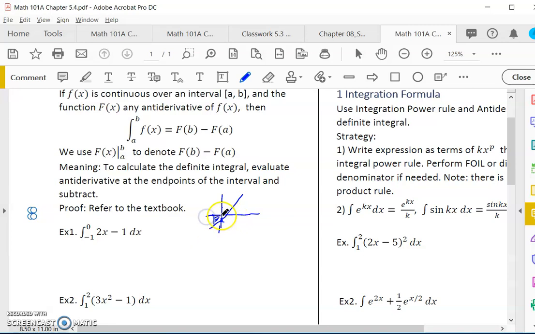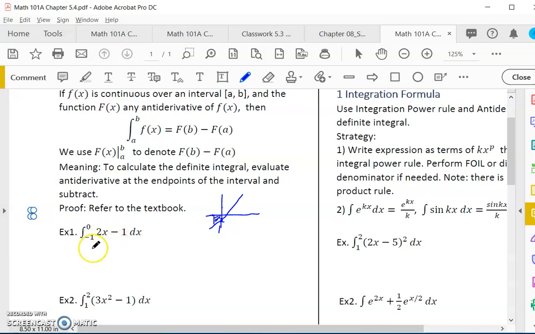So in the past, we'd say, well, we can find it with the trapezoid, or if I don't want to do trapezoid, I can do Riemann sum. Now we do F(b) minus F(a). That means I'll find the antiderivative of 2x minus 1, and then plug in b minus plug in a. So what's the antiderivative of 2x minus 1?